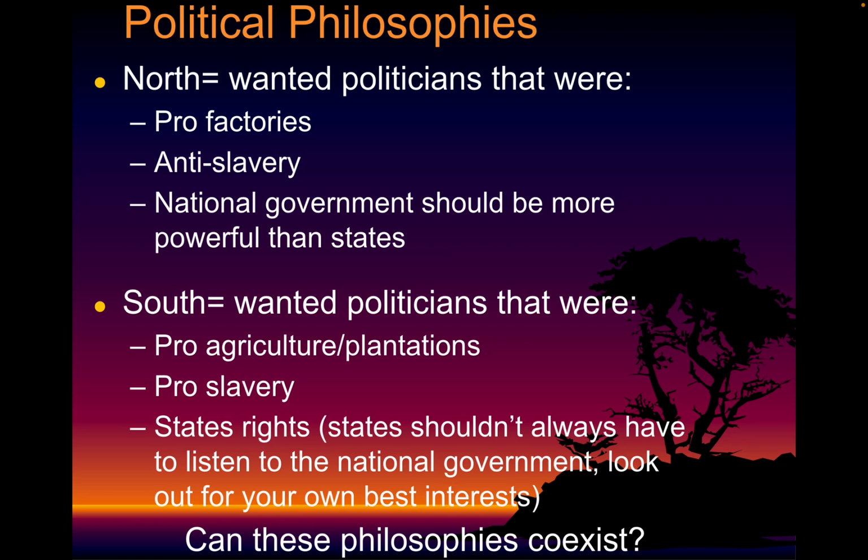We've talked about this in past units, just these differences philosophically between these regions of the country. The South, on the other hand, wanted politicians that were pro-agriculture and plantations, who would protect the rights of slaveholders, and they really believed more in what's called states' rights, which is that states should have more of a say than the national government, and that states should look out for their own best interest.